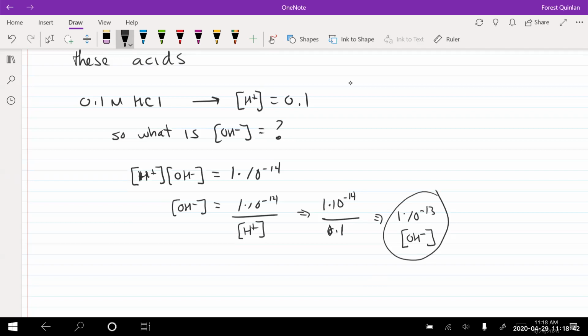So even in a decently strong hydrochloric acid solution, there are still a little bit of OHs floating around, because water is always doing this to us in the back end. But it's not going to be zero.